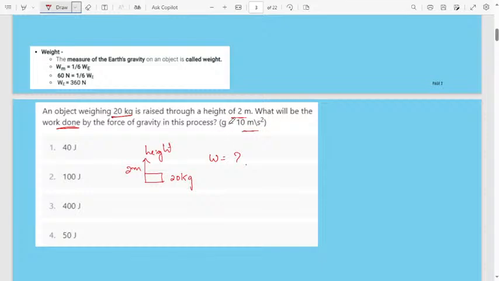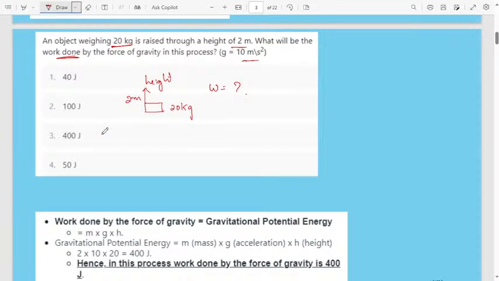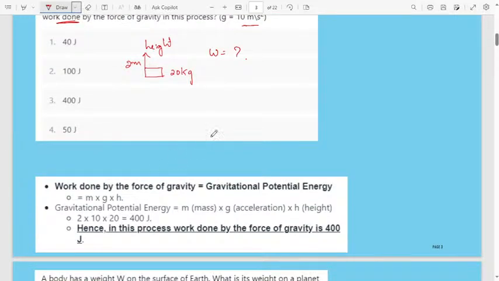Therefore, consider this value. You know work done, you will consider as delta W or W. Work done will be equal to mass into g into h, mgh.